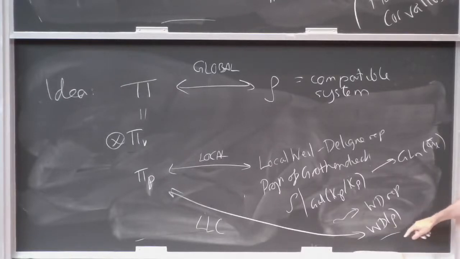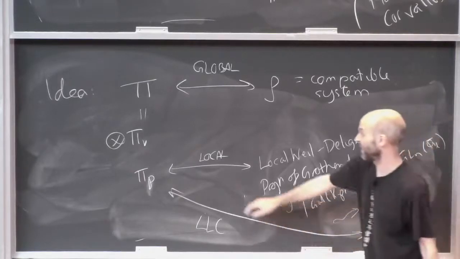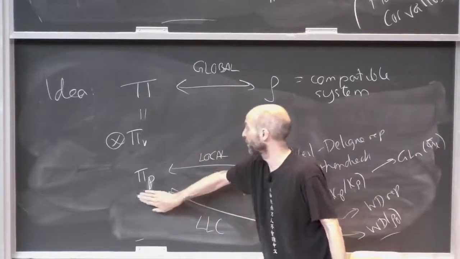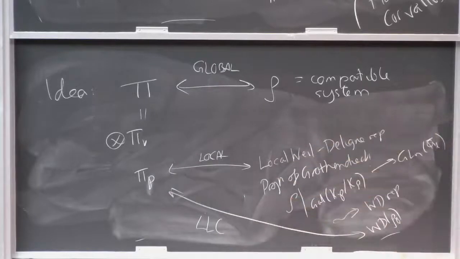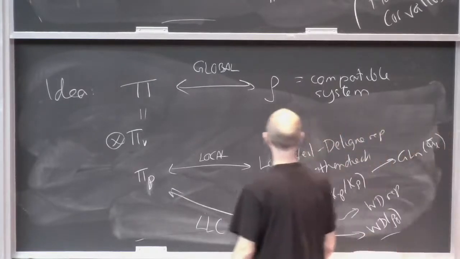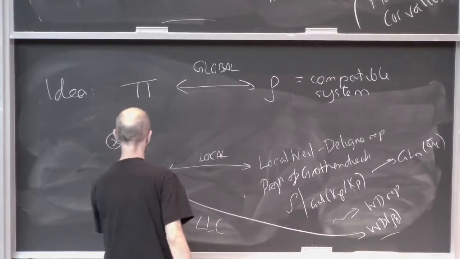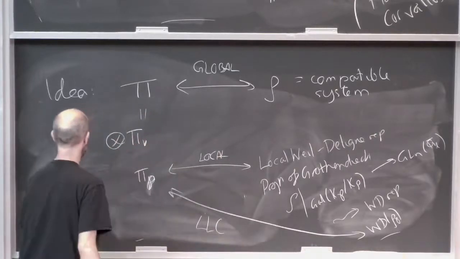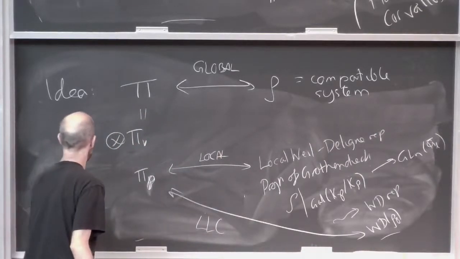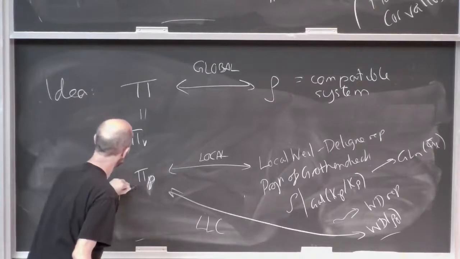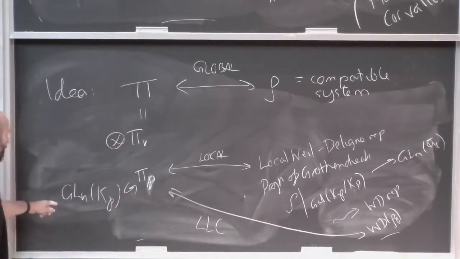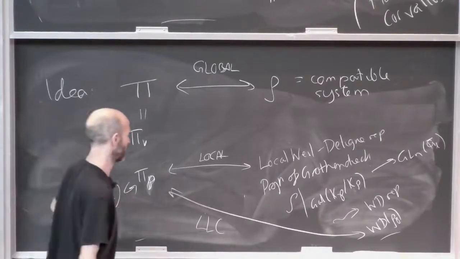My local Weil–Deligne representations, maybe I'll put a little p there, should match up with my local smooth admissible irreducible representations coming from π. So are those two different p's? Let me get my p's straight. This is a p, and that π_p is going to be a representation of GL_n of K_p. And that p is finite. So that was what we talked about last week.